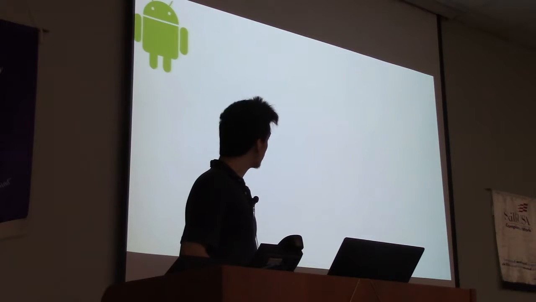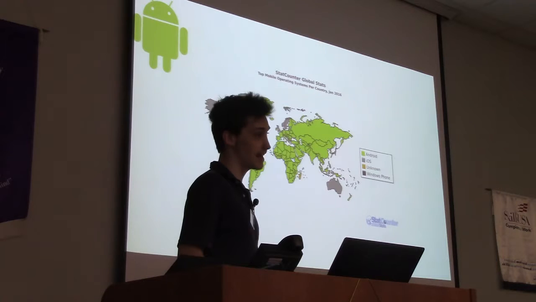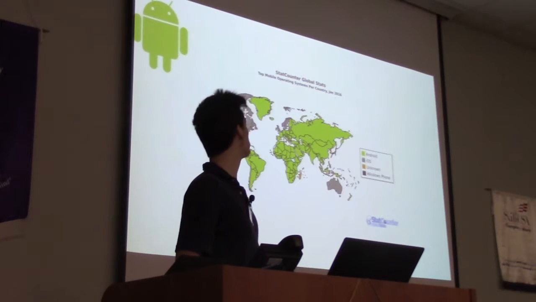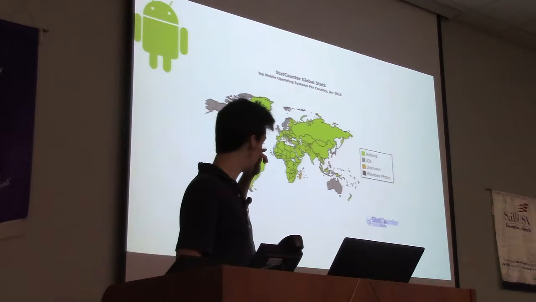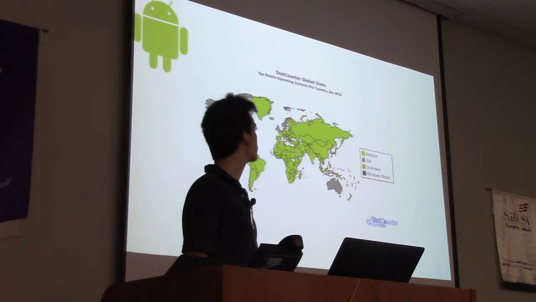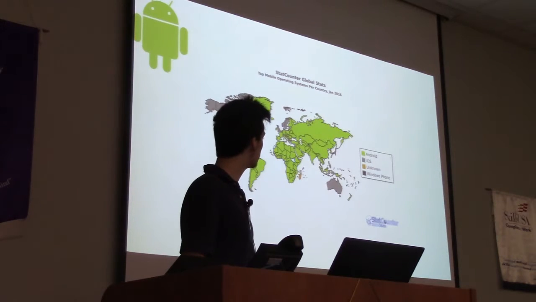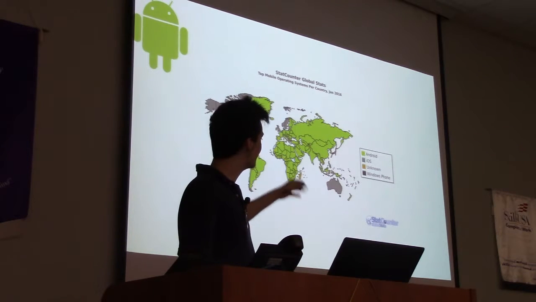So right now, Android is the most commonly used type of smartphone. About 9 out of 10 devices use Android right now. This is a map from StatCounter Global Stats of the ubiquity of Android devices. In green there's Android, gray is iOS, unknown, and then at the bottom we've got Windows Phone.